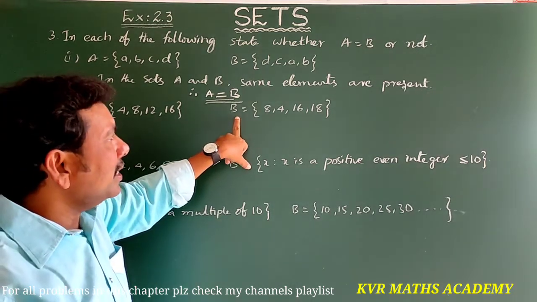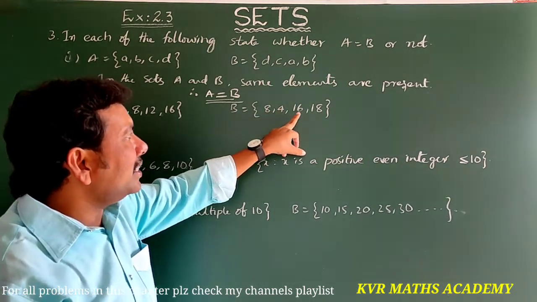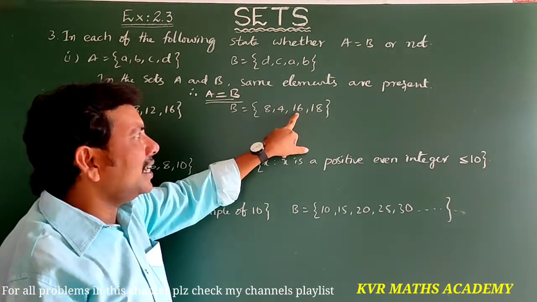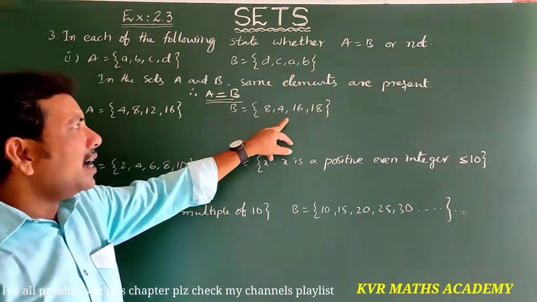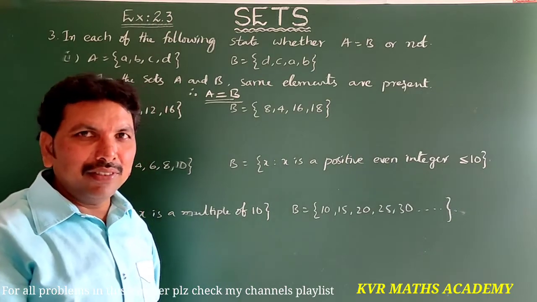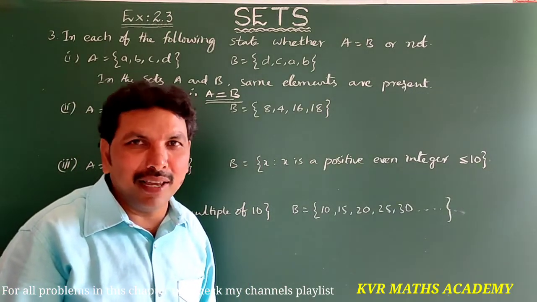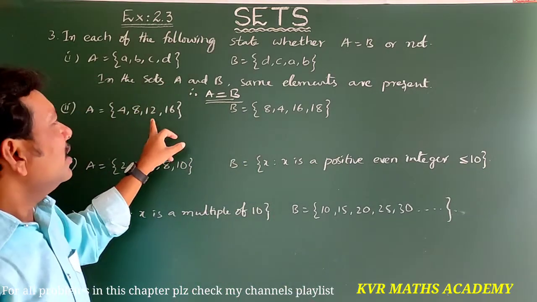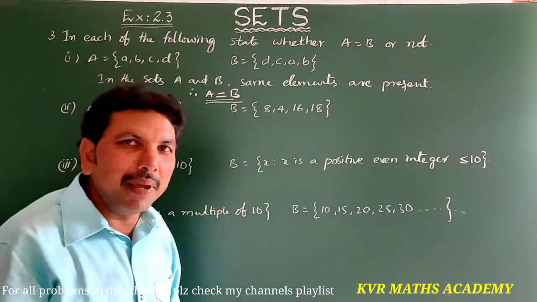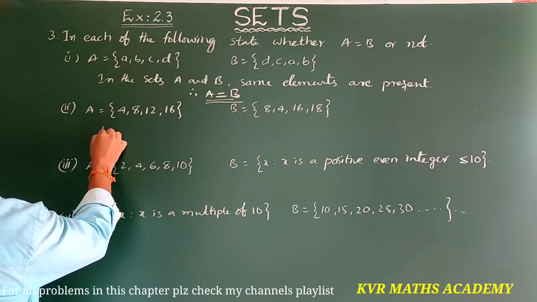Here in the B itself 4, 8 and 16 is there. Not there 12 and extra 18 is there. So in these two sets, the elements are not same. So that's why A is not equal to B. That is only right now.